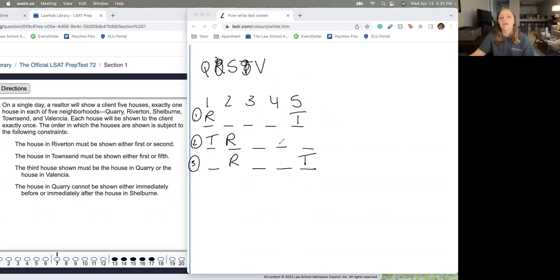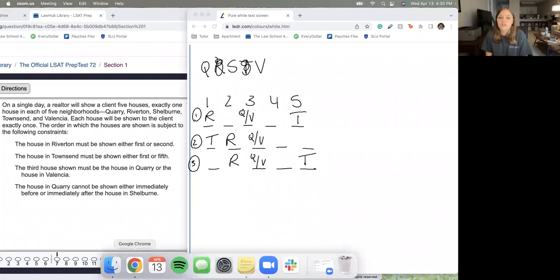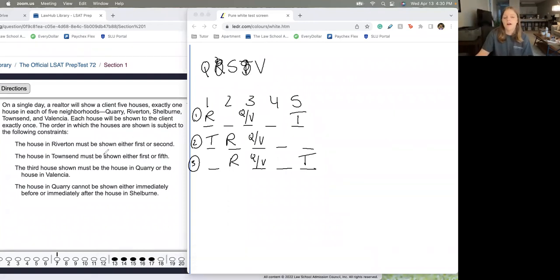So rather than writing 3 additional worlds and having one where Q is in that spot or where V is in that spot, I'm just going to put in placeholders right now. Q can either go in there or V can go in there. I know one of them is going to have to go in there. And it's a shorter way of writing out that rule, so we don't have to create additional worlds, especially if we don't have to.